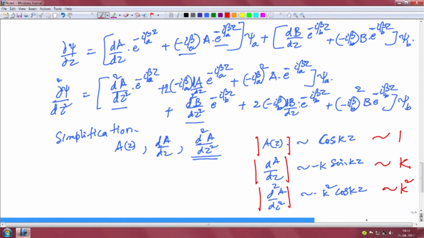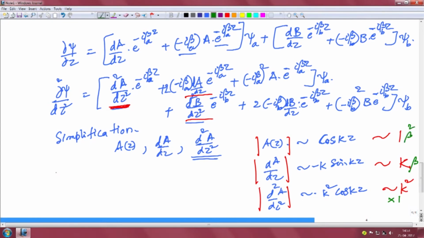And also if we look at the equations, the second derivative is multiplied by 1, the first derivative is multiplied by beta, and the second derivative is multiplied by beta square.